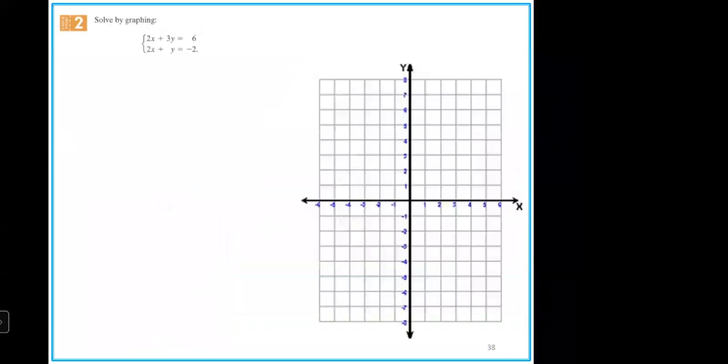So I want you to go ahead and try working this one out. See if you can get the intercepts for each of them, and then plot them and see what the point of intersection is for those two graphs, which would give you the solution.